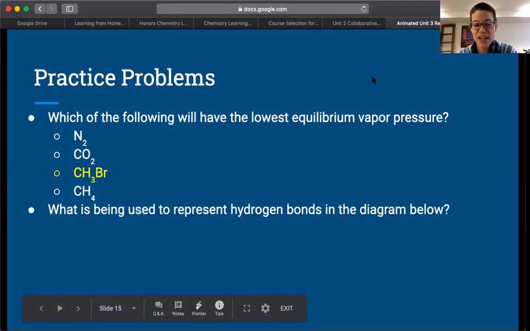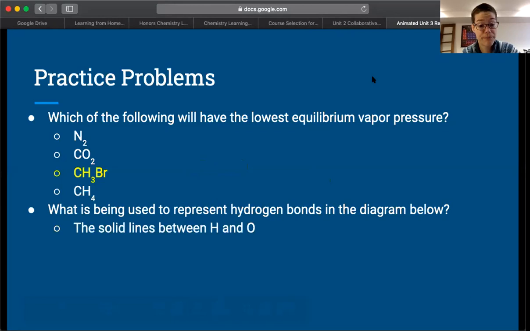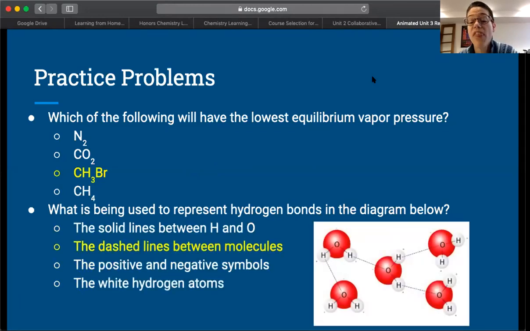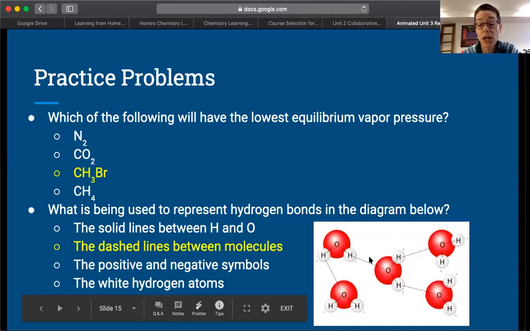Okay, so here's one where we're going to present you with the diagram. In this diagram, what thing is the hydrogen bond? The O and the H bonds? The dash lines, right? It is the thing literally between the molecules.